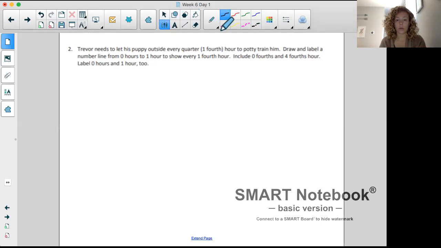Okay, so the first thing I'm going to do is draw and label a number line. Okay. Here's my number line.